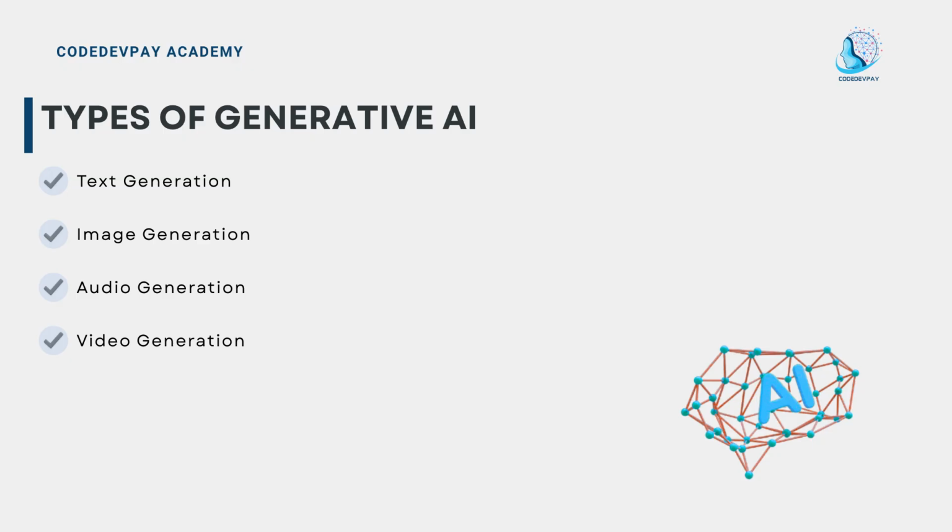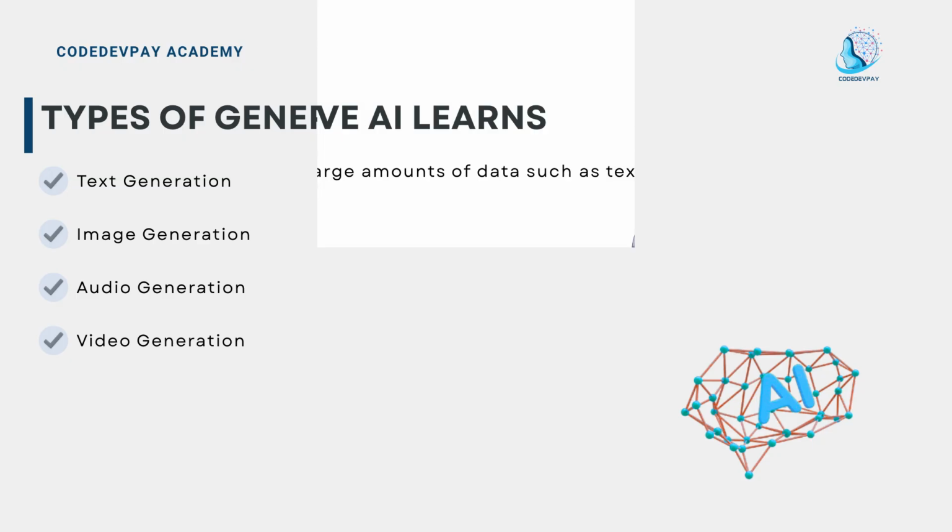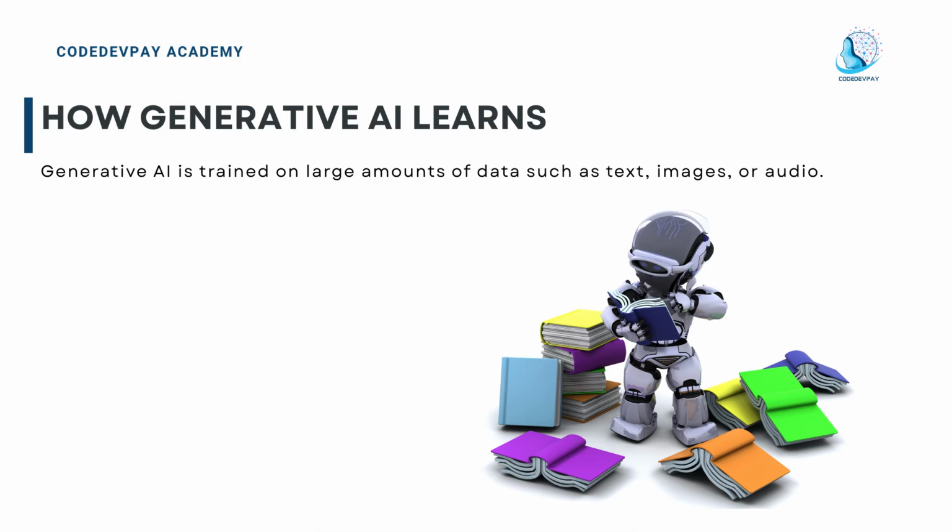So, how does generative AI learn? Generative AI is trained on large amounts of data such as text, images, or audio. So it learns patterns, language structure, styles, and relationships.